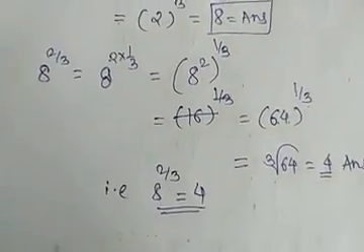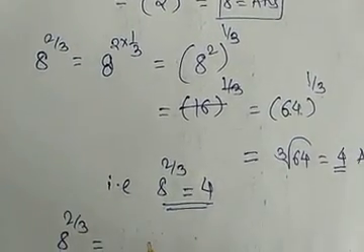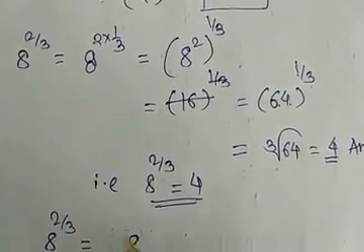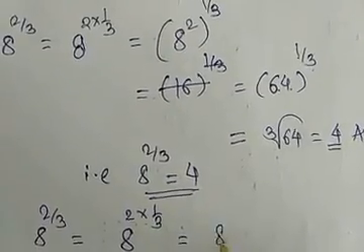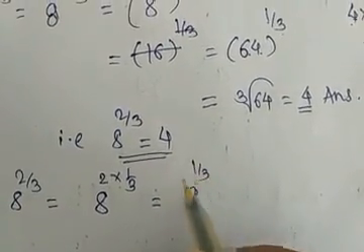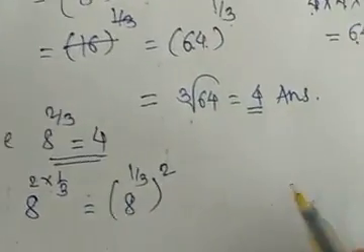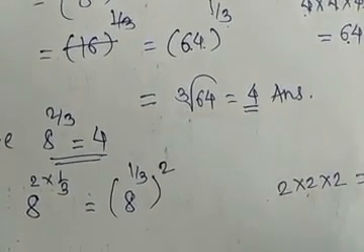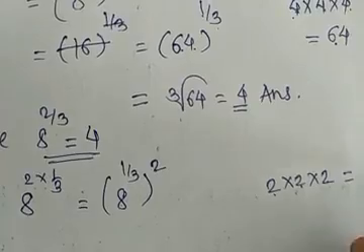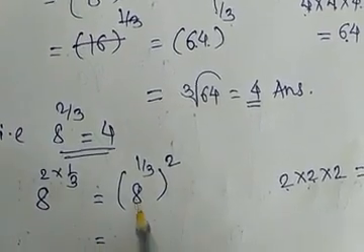Okay, now this example we can also solve like this. 8 raised to 2 by 3 is 8 raised to 2 into 1 by 3, which is equal to 8 raised to 1 by 3, bracket raised to square. Now if we multiply 2 three times, 2 into 2 is 4, 4 into 2 is 8. So the cube root of 8 is 2.